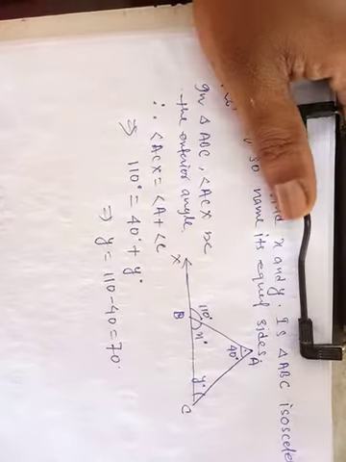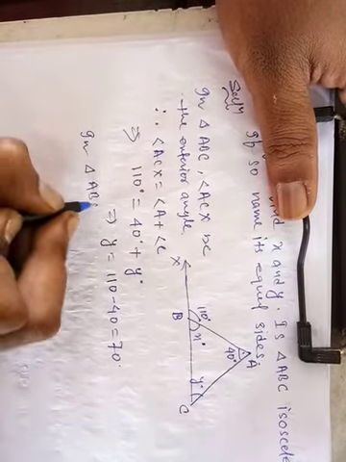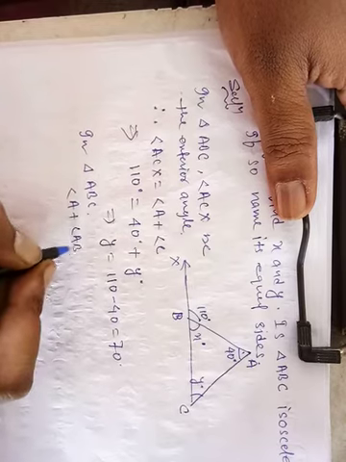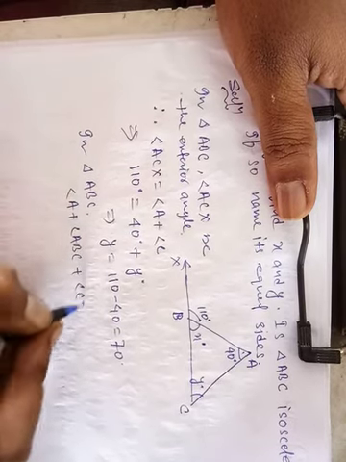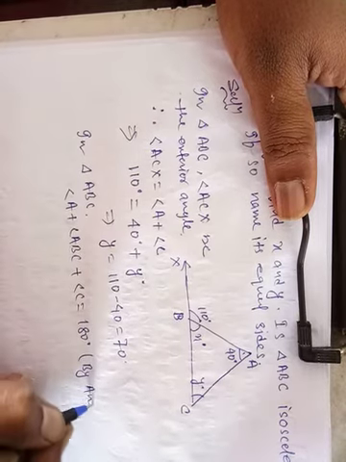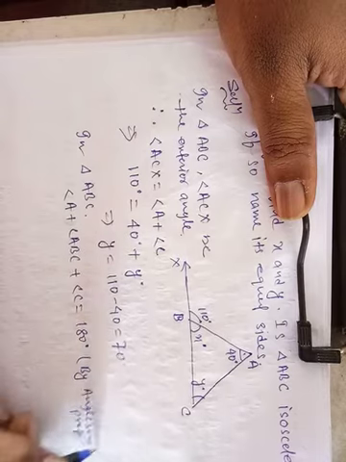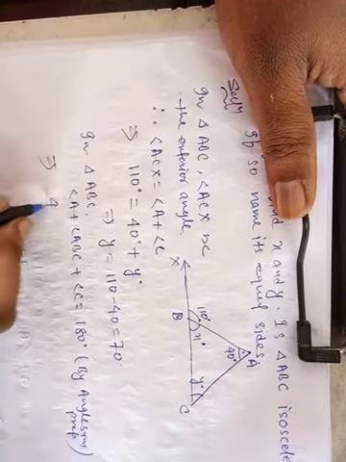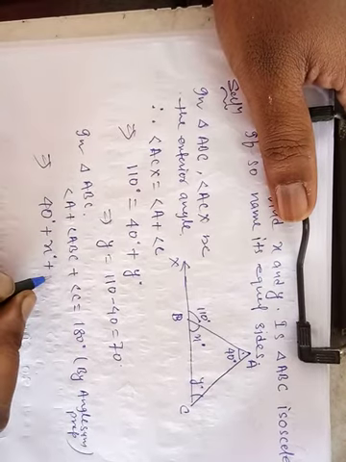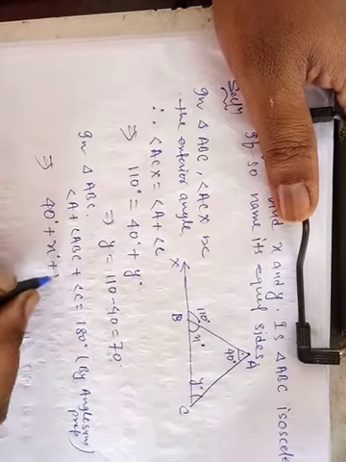Now in triangle ABC, angle A plus angle ABC plus angle C is equal to 180 degrees by angle sum property. So here angle A is 40 degrees, angle ABC is equal to x degrees, angle C is equal to 70 degrees, that is y.